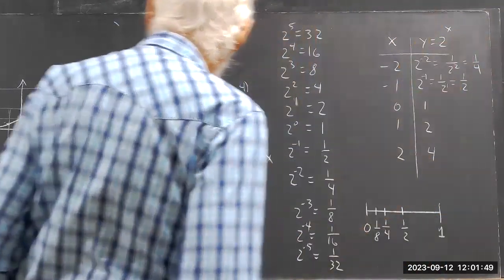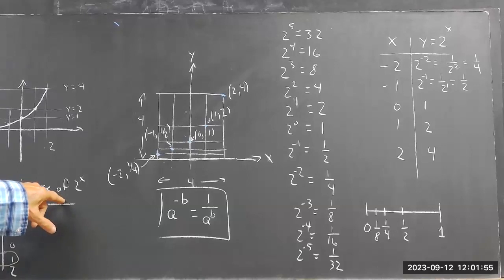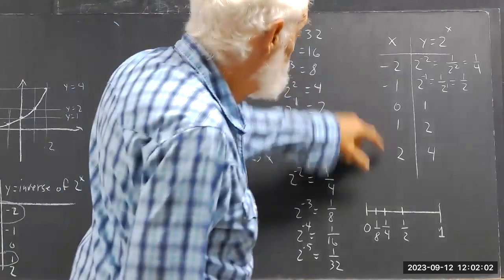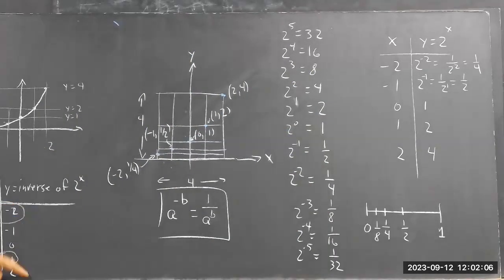You've got the numbers. So you're going to put 1/4, 1/2, 1, 2, 4 here. Okay. This is the inverse function. Okay. And what are you going to put here? We put the numbers in this column. Do they match? Are these numbers the same as these numbers? Yeah, they sure are. Okay.